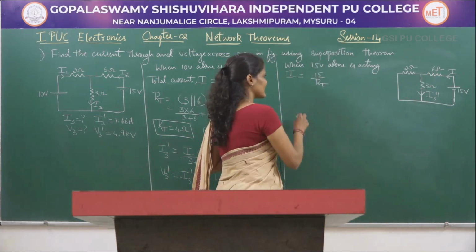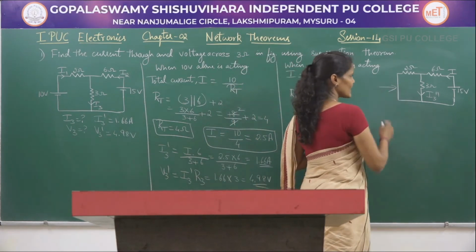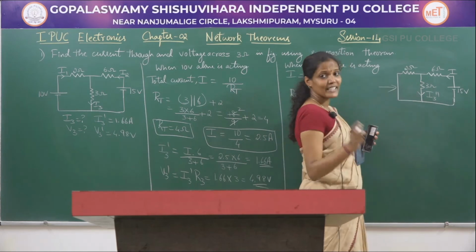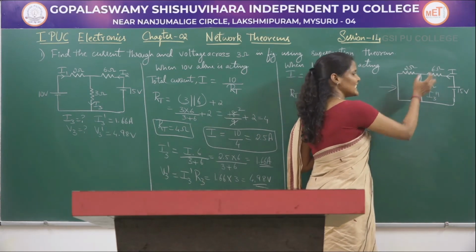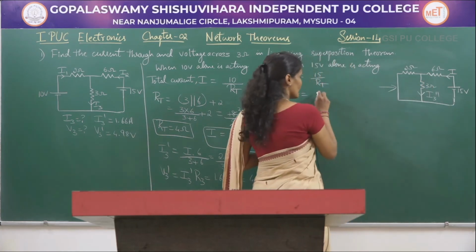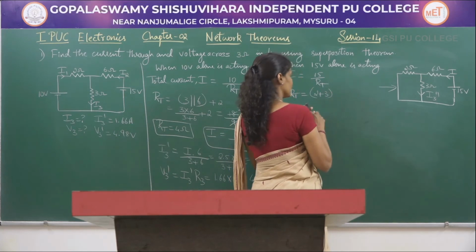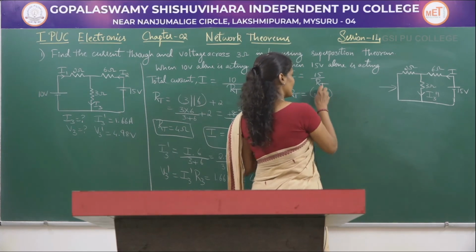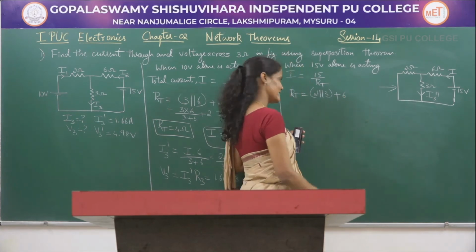I don't know the total resistance, so when you look from this point, these two resistors are connected in parallel and this parallel combination is connected in series with 6 ohms. So 2 in parallel with 3, and that parallel combination is in series with 6.